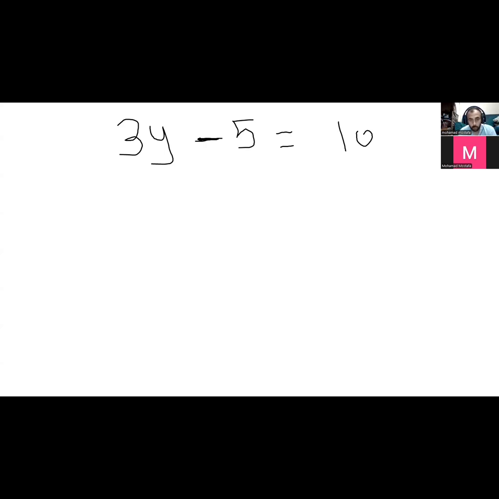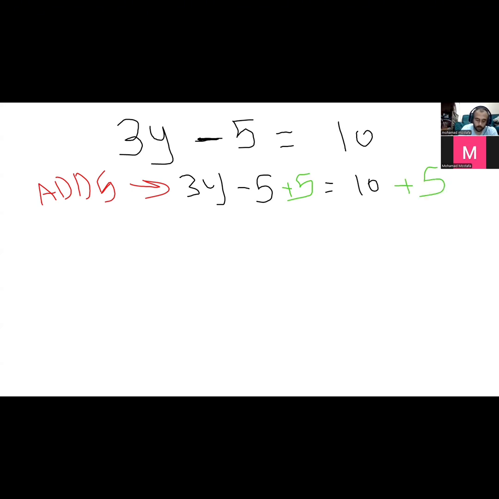We can start with either minus or times. The inverse of minus is plus, so add 5 to both sides. Write 3y minus 5 and leave some space, equals 10. And write in a different color, plus 5 here, plus 5 here. 5 cancels 5. So I have 3y equals 10 plus 5, which is 15.